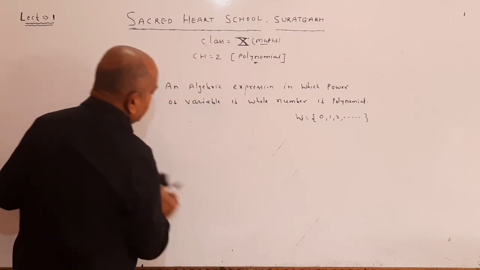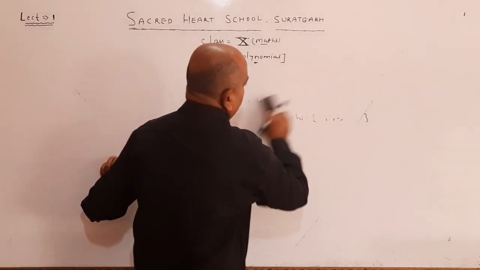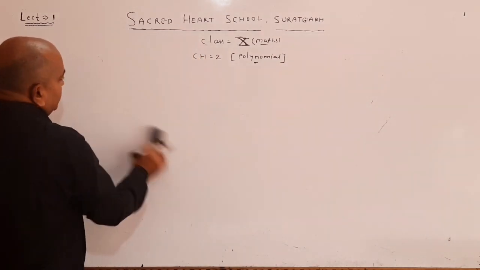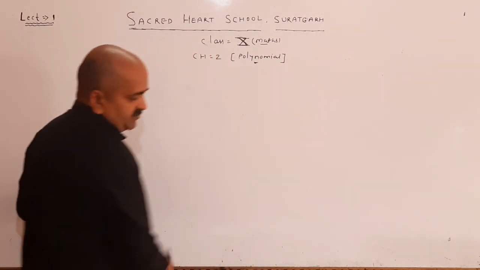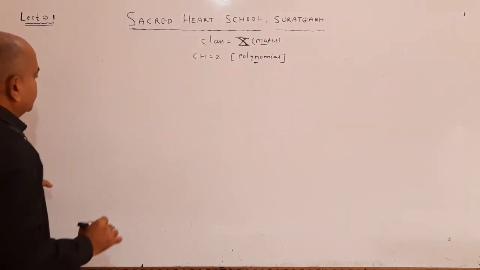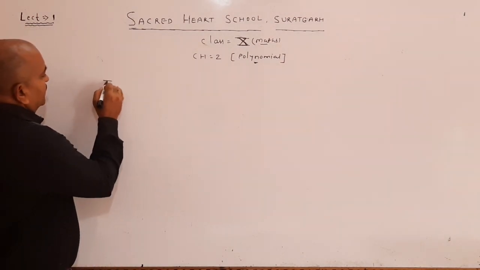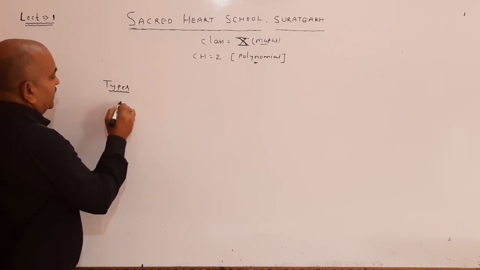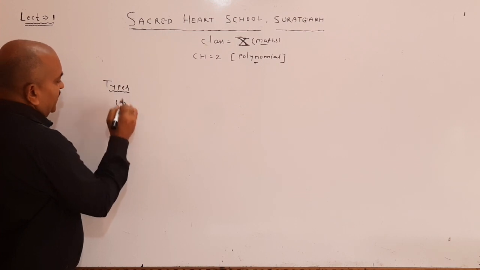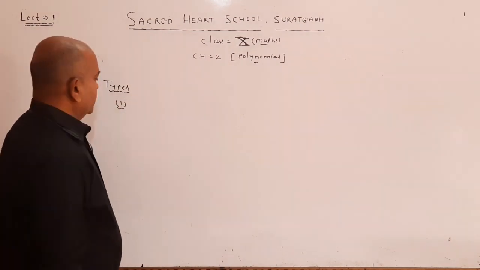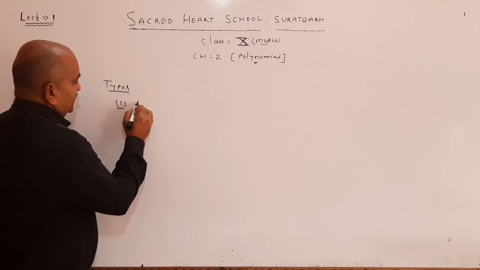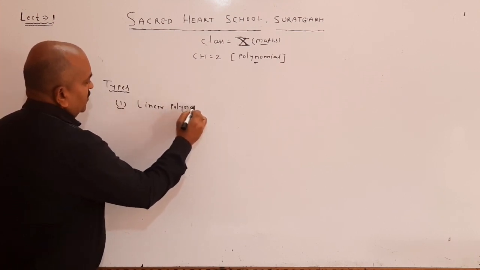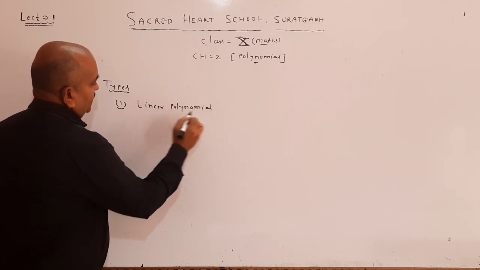And number 3, cubic polynomial. Now number 1, linear polynomial.